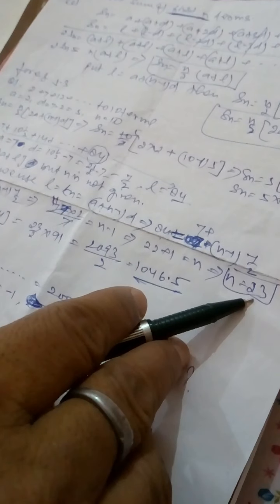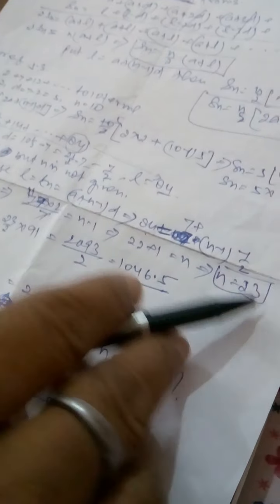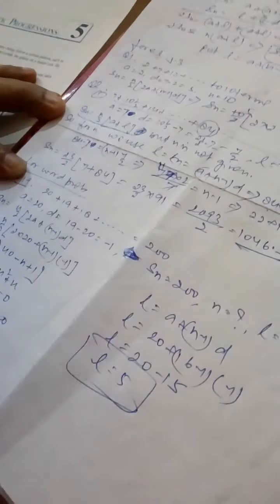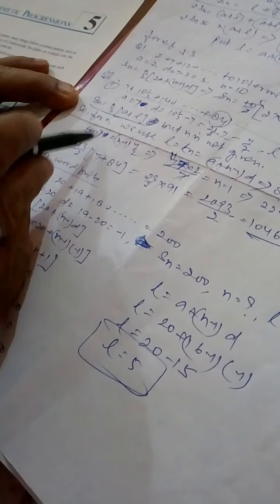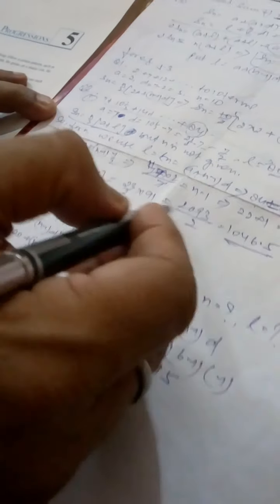After the simplification, n equals 23. So first we found n is equal to 23. This n, A and L we put in the formula Sn equals n by 2 into (A plus L). So Sn equals 23 by 2 into (7 plus 84). After the simplification, Sn is equal to 1046.5.